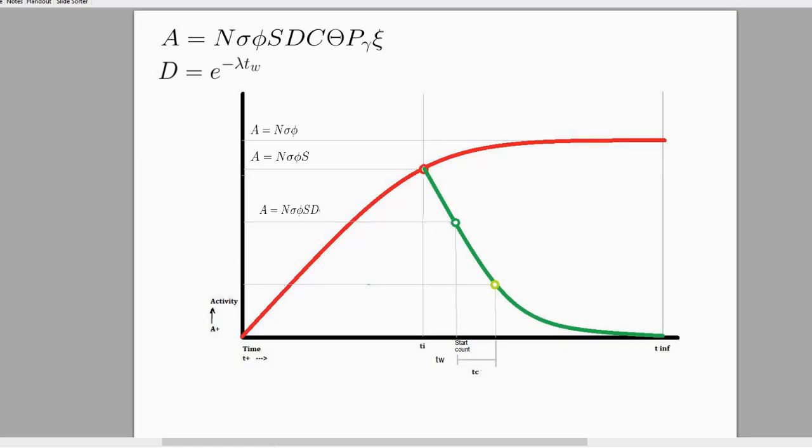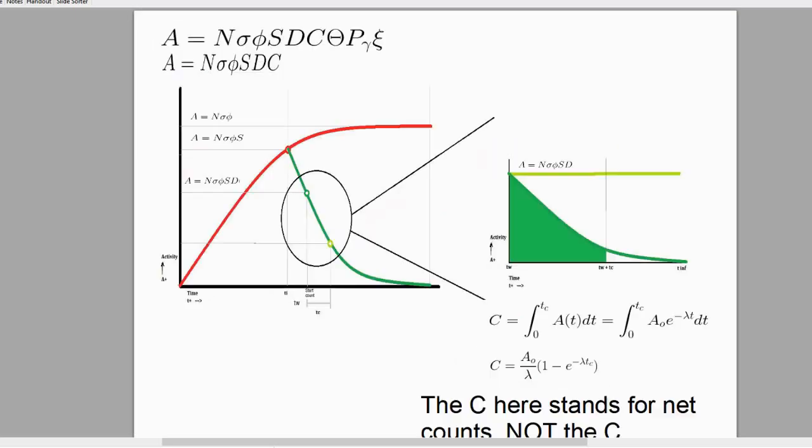And that's what all of these coefficients, the S, D, and C, are correcting for in the first place. So it gets a little bit more complicated if we're not using long-lived isotopes, or if we're counting for a very long time. If we can assume that our activity is constant while we're counting, then our activity is just the counts divided by time, right?